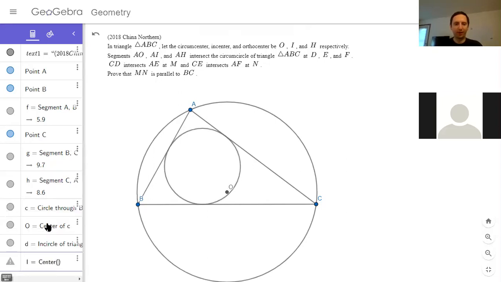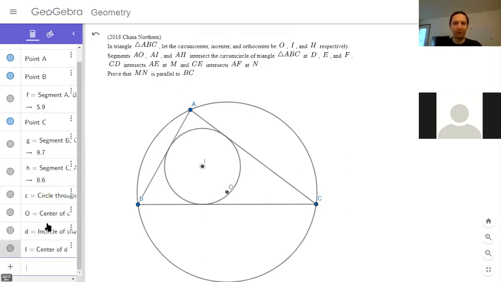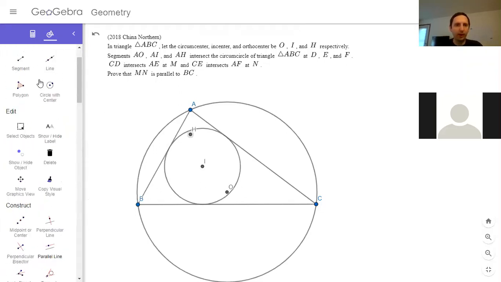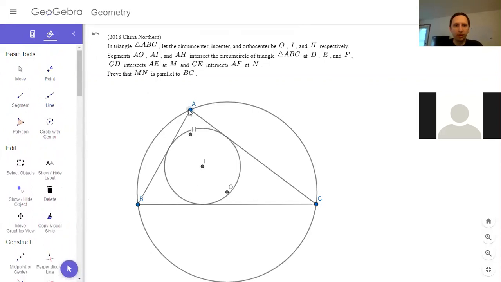I got better with GeoGebra, so I know how to do all the shortcuts for this. And H is the orthocenter. There we go. That's H. And we let AO, AI, and AH meet the circumcircle at D, E, and F.